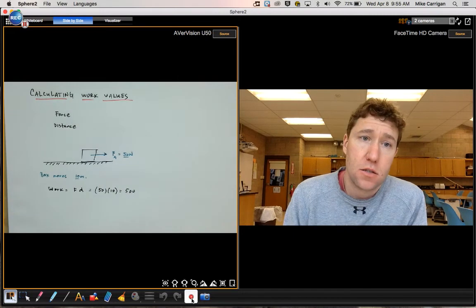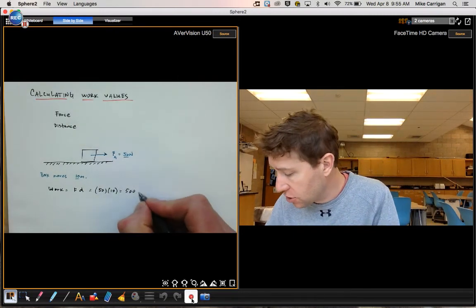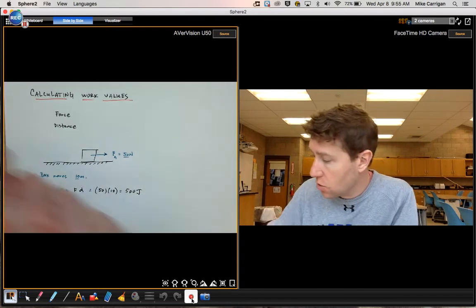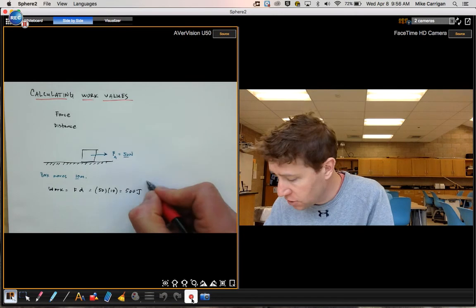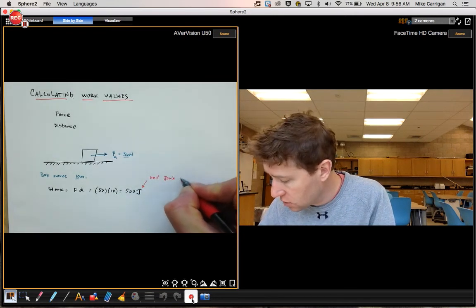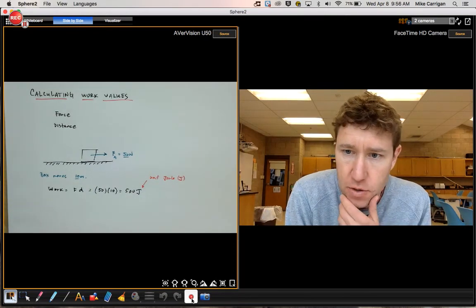Well, since the amount of work done turns into energy, it might make sense that the unit is going to be the same energy unit, same unit that we had for energy, which is the joule. So the unit here is the joule, just as we had when we were discussing our energy unit.